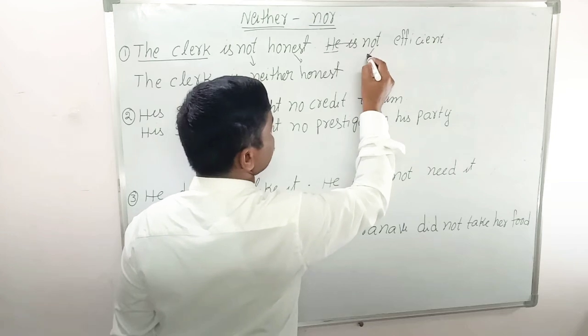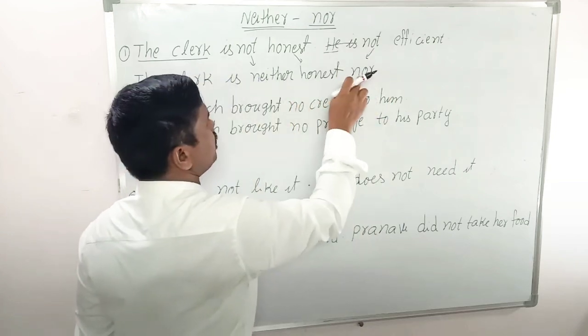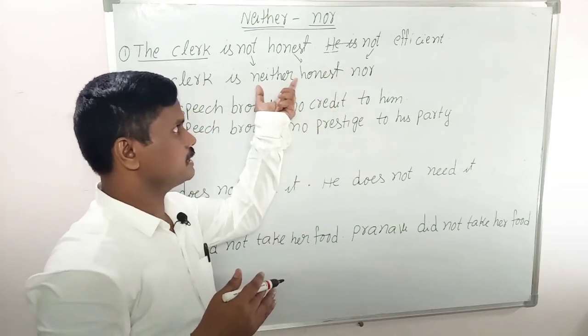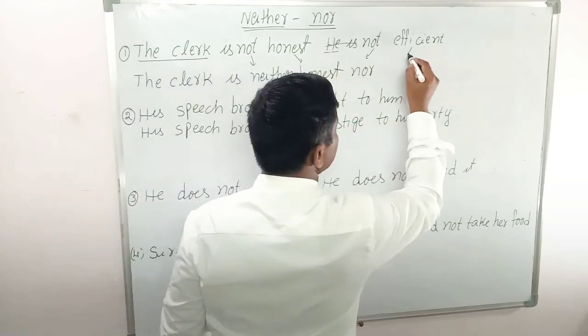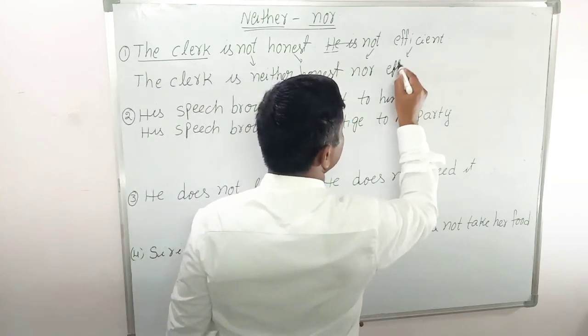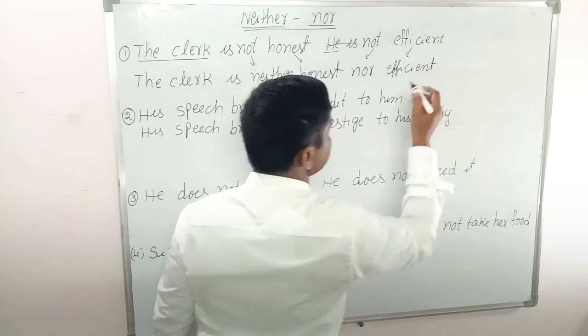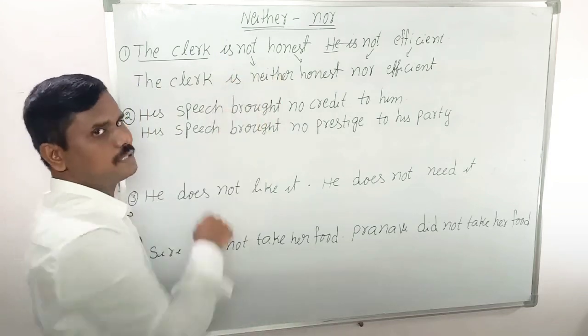Here in the negative place you write nor. Neither nor, this is the combination. Neither always goes with nor. And the remaining words we have to write as it is, that is efficient. In this way, we have to combine the given sentences into neither nor.